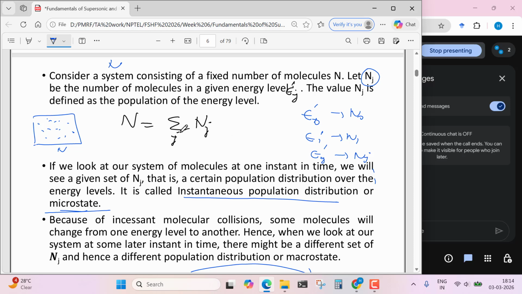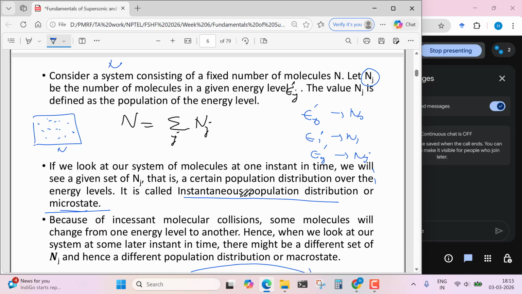The total population is given by N equal to sigma j Nj, and here Nj is called the population of energy level epsilon j. If we look at our system of molecules at one instant of time, we will see a given set of Nj. That is a certain population distribution over the energy levels.